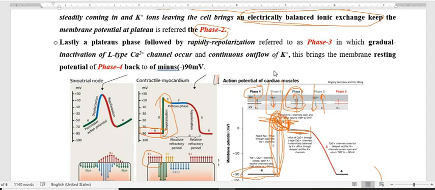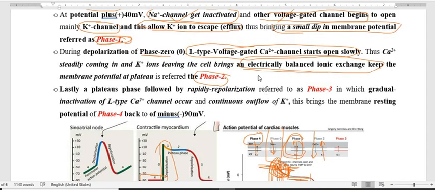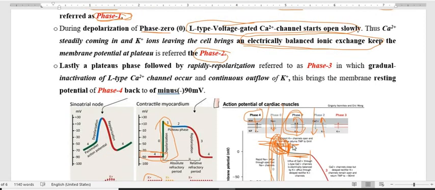So a plateau is formed in phase 2, and in phase 2 there is movement of calcium inside and escape of potassium outside, giving an electrically balanced exchange of calcium and potassium, which gives the membrane potential plateau, called phase 2.